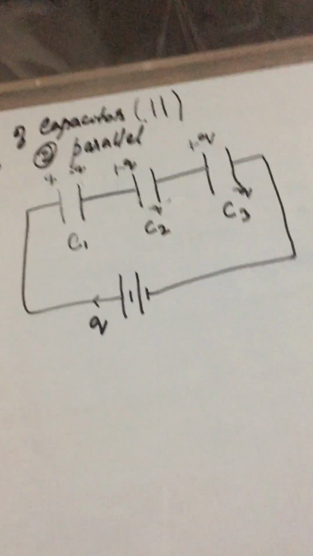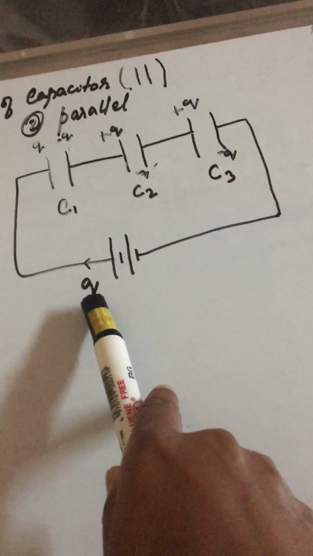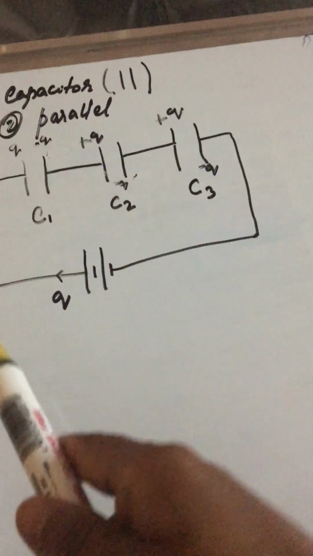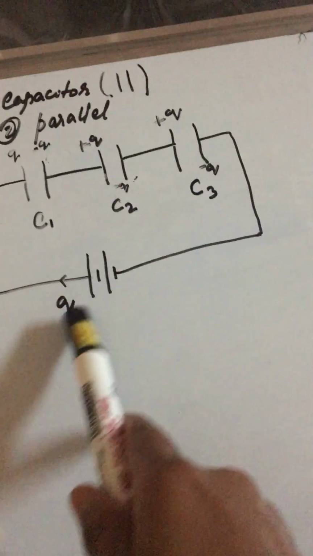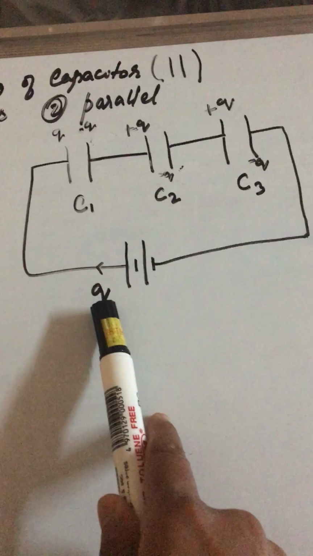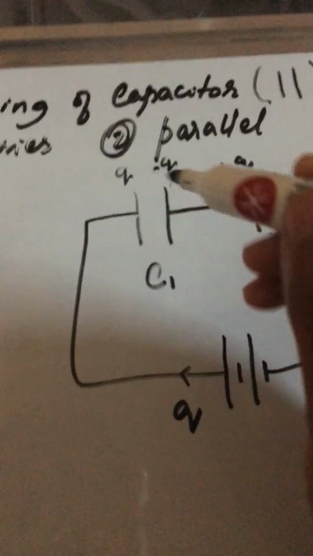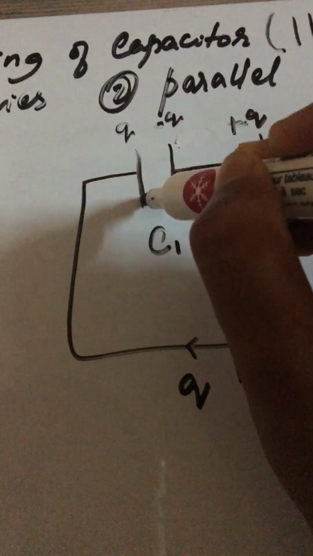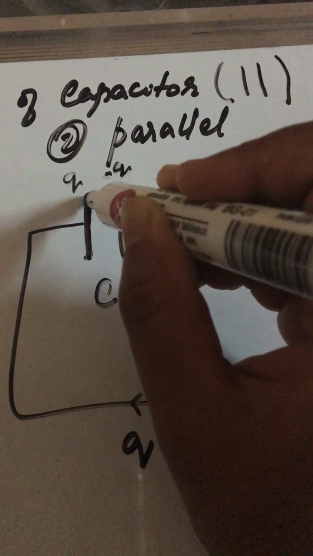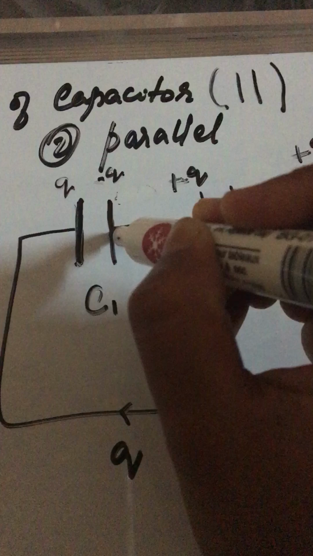I will repeat again. Suppose the battery provides Q charge. Current is the flow of charge, right? So when the current goes, it means the charge is flowing. If this Q charge comes to this side of the plate, when this side of the plate gets positive, it will affect the other plate.